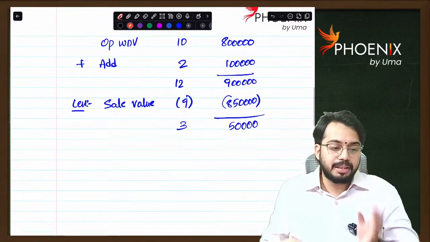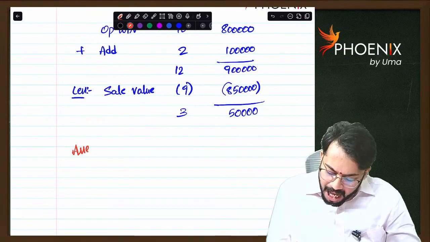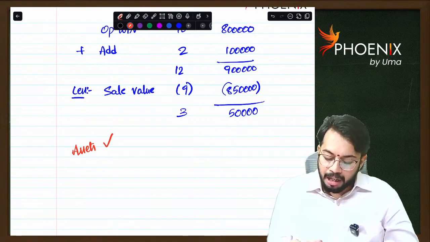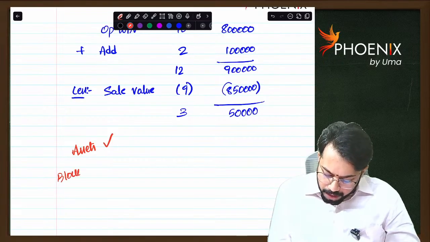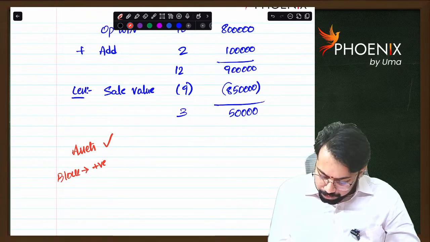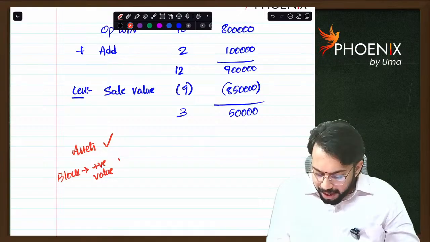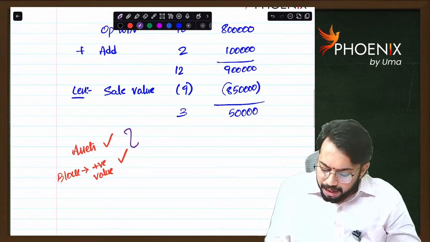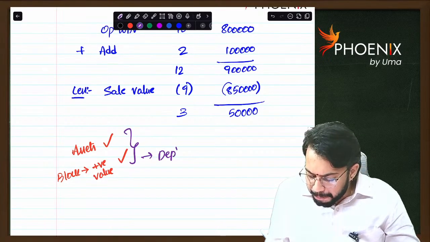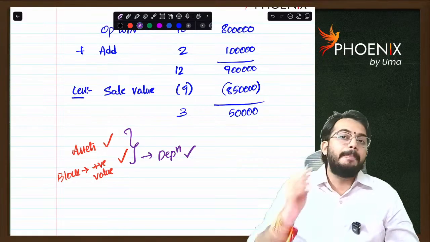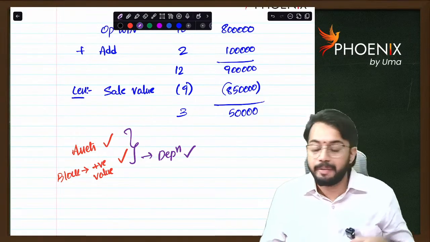The point is, only when there are assets in the block and block is having positive value, when these two conditions are satisfied, then only we will calculate depreciation. Otherwise, depreciation will not be calculated here.